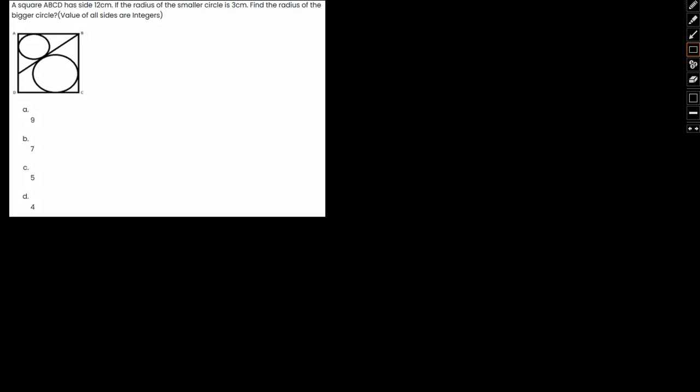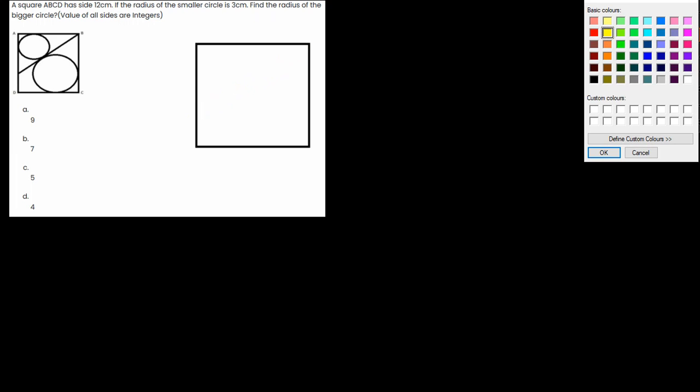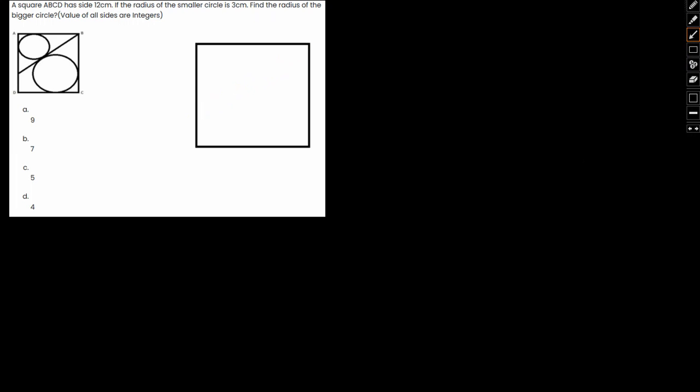Let me draw the figure here only. Say this is my square. Let me extend this.